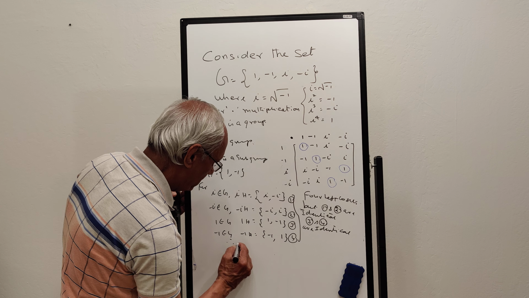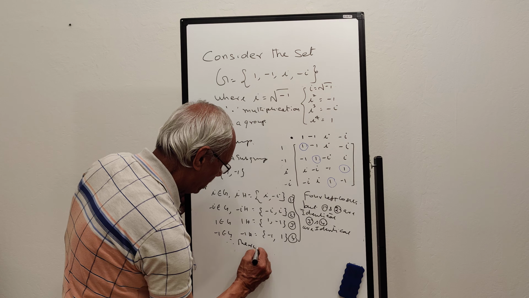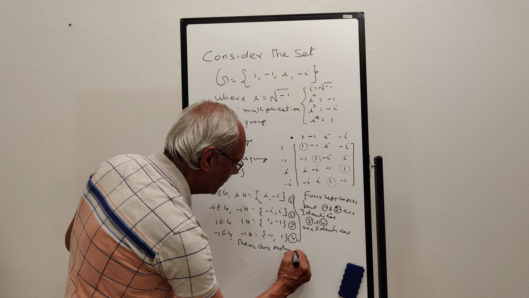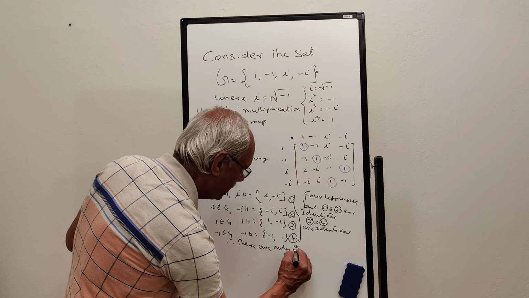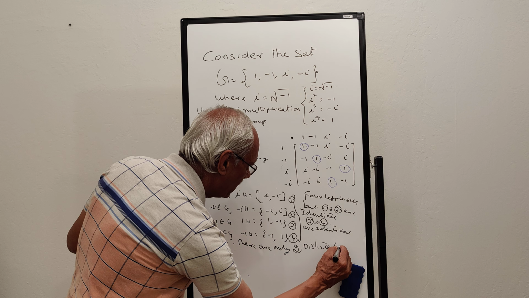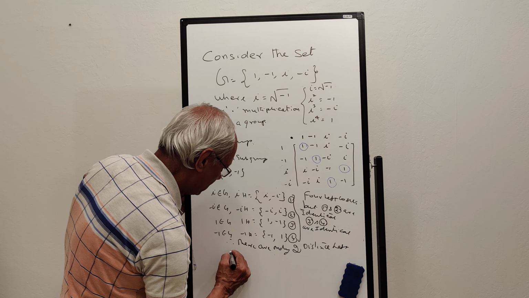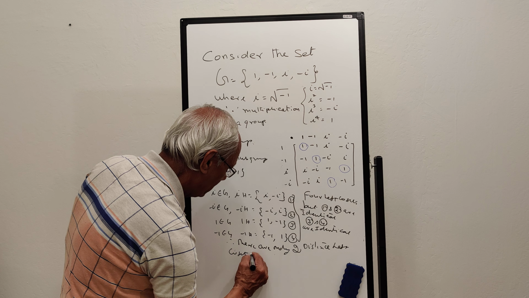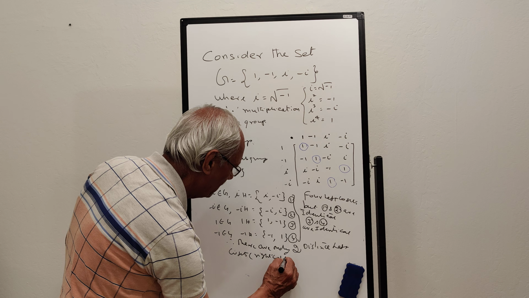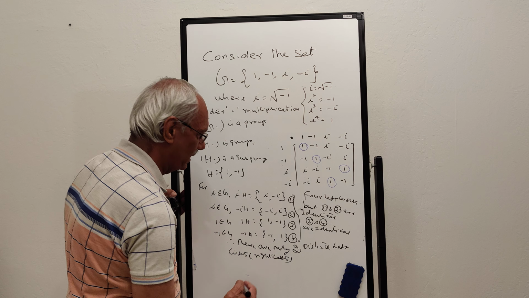Therefore, there are only 2 distinct left cosets. They can also be right cosets.